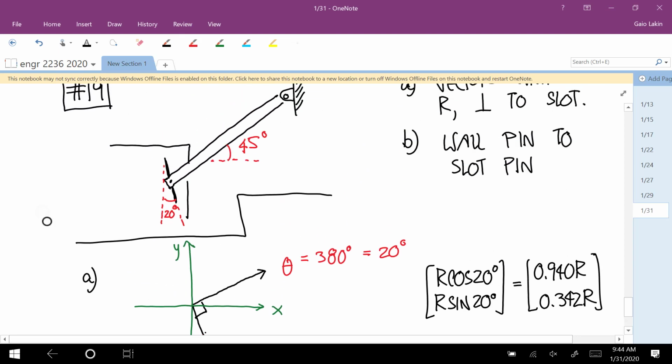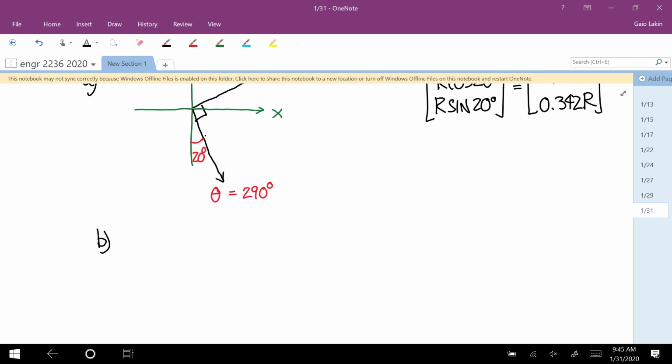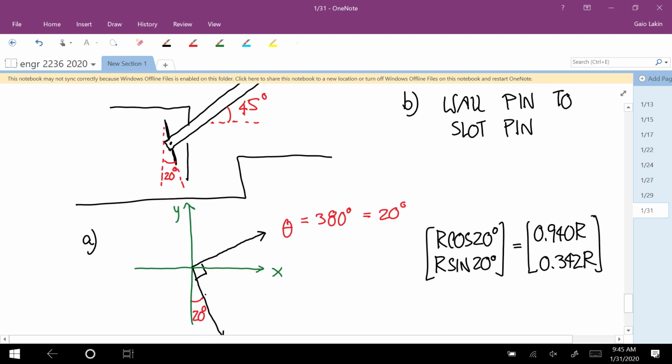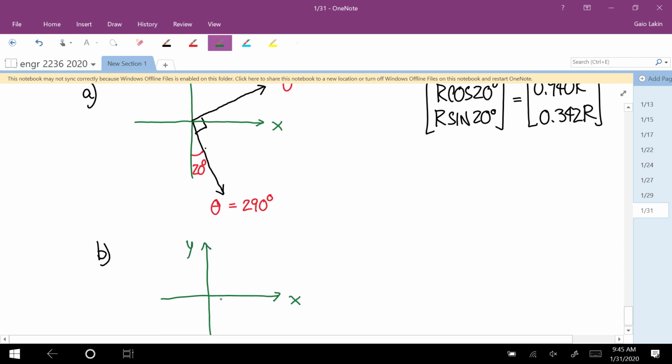Okay, so let's use the angle that I happen to give here and figure out the angle for that vector. The angle that we're given says from the positive x-axis to a vector like this is 45 degrees. So the theta for this is 45 degrees.